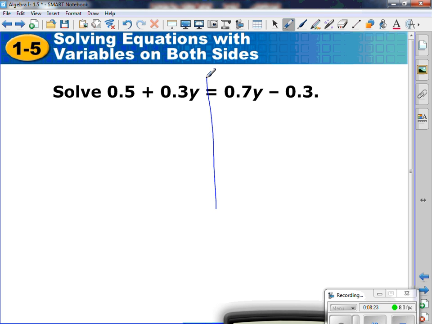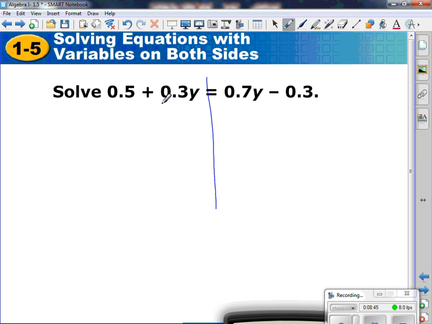I need to decide which one I want to move. I'm going to move the 3 to the right. Do I have to move the 3 to the right? No. I can move either one. But this one's easier because this is bigger. 70 cents is bigger than 30 cents.